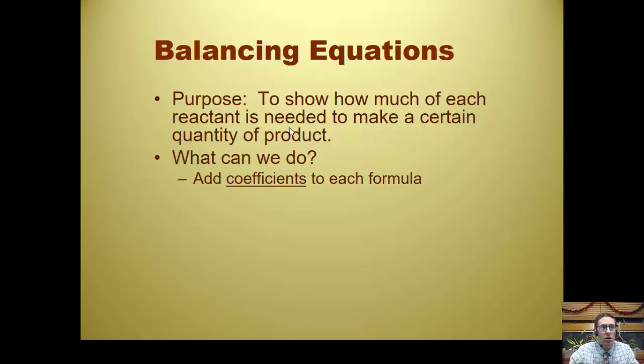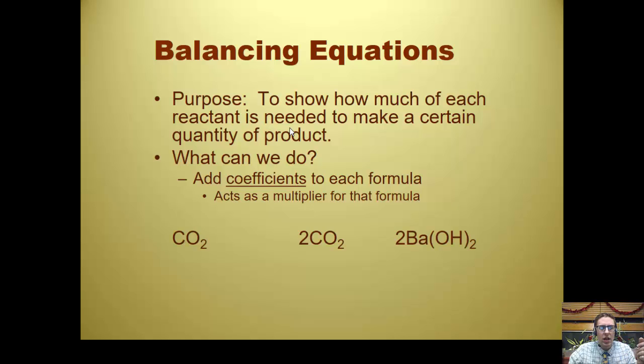In order to make sure that things balance, you add coefficients, which are just multipliers for the formula, meaning if you add a coefficient, it's that many times whatever's behind it. So here, CO2, we see CO2 right here. We see 1 carbon and 2 oxygens.